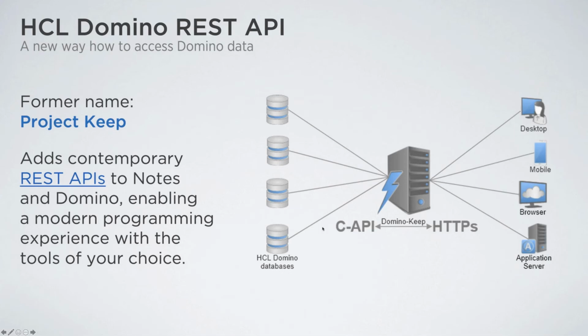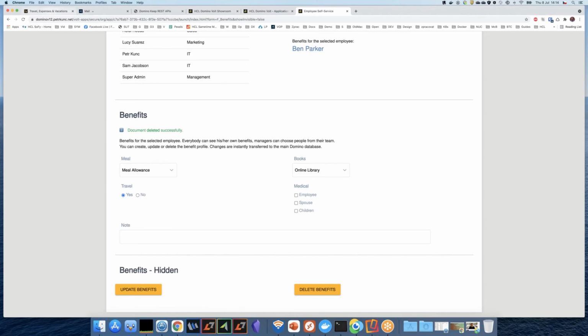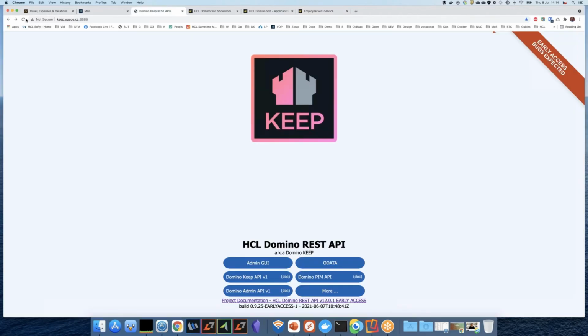But this C API could be complex for those web developers. So Keep translates it and provides it to the external world as a common REST API. Let me show you. I downloaded it and installed it. It runs in Docker, actually in a Docker container on my laptop, and it should be, yes, that's it.